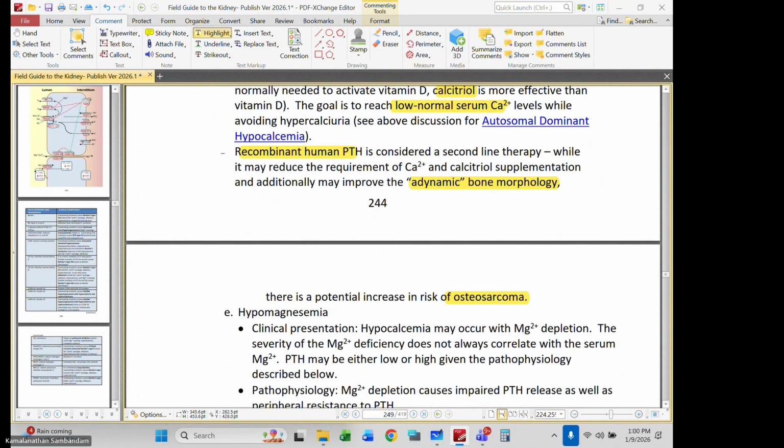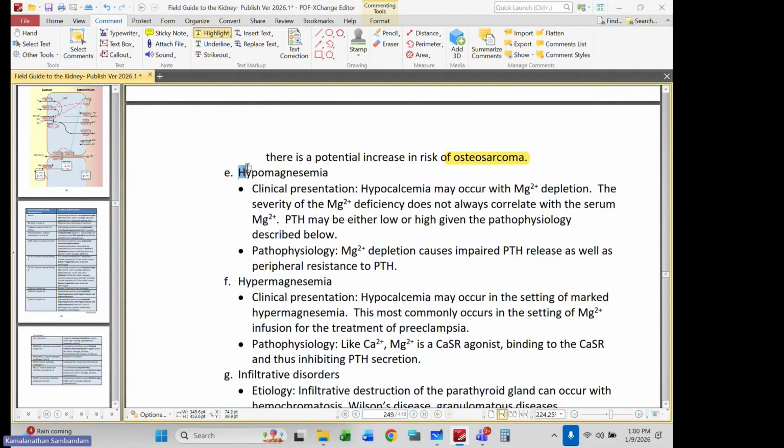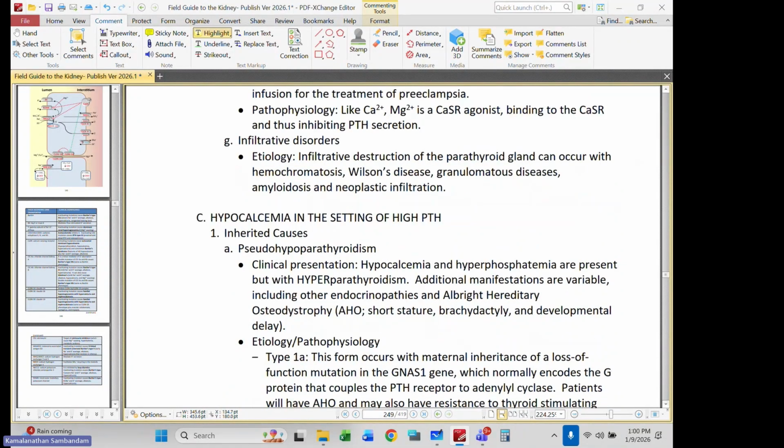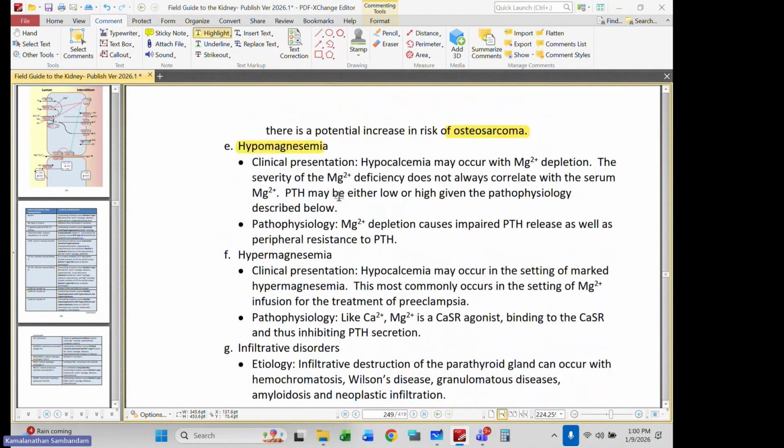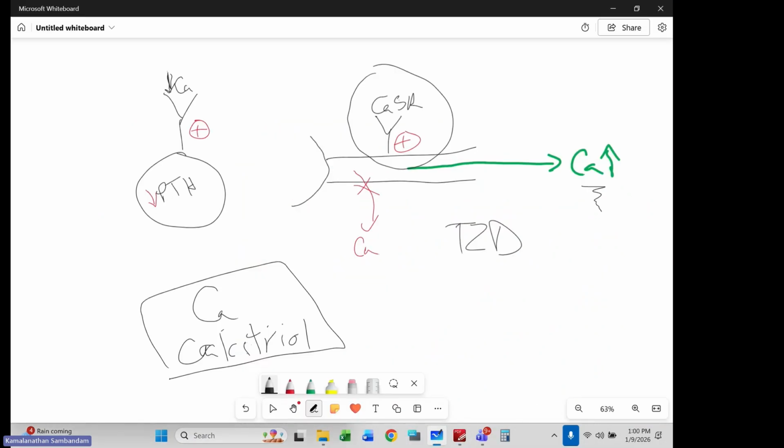Okay. All right. Maybe we'll go through this last group. I think I can do that reasonably quickly and just a little bit over time. Hypomagnesemia is a possible cause of hypocalcemia as well. Magnesium is a cofactor for PTH release. So if we're going back to the figure, PTH resides in these intracellular vesicles, right?